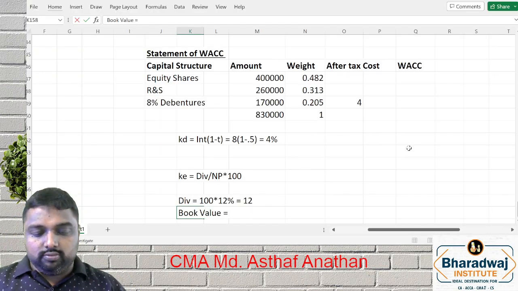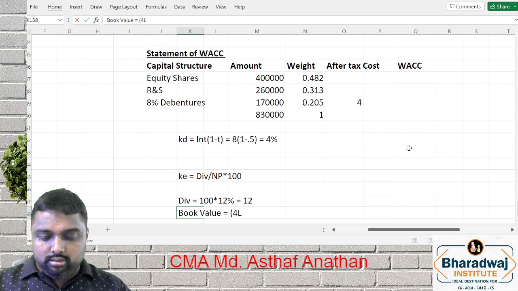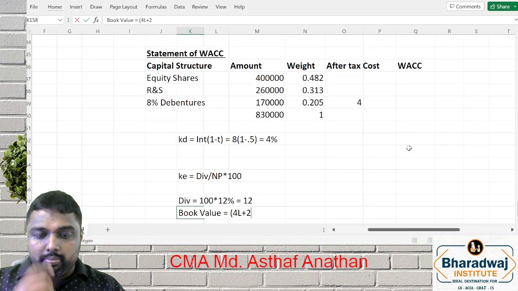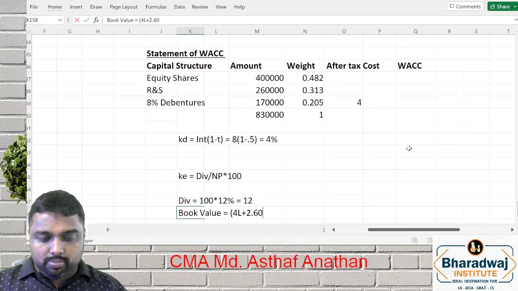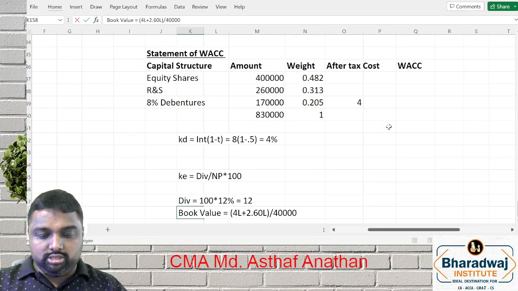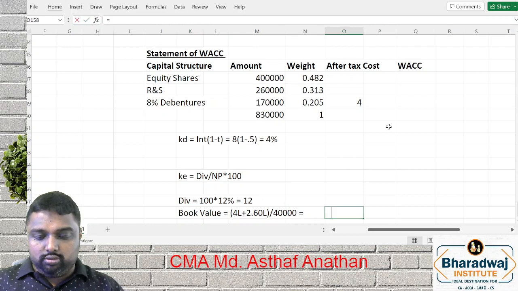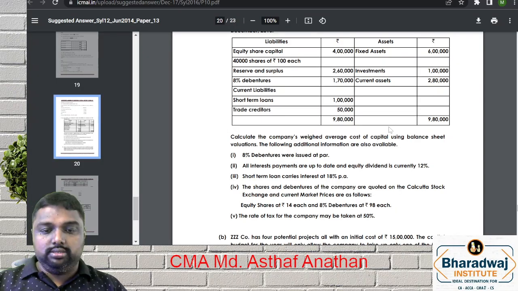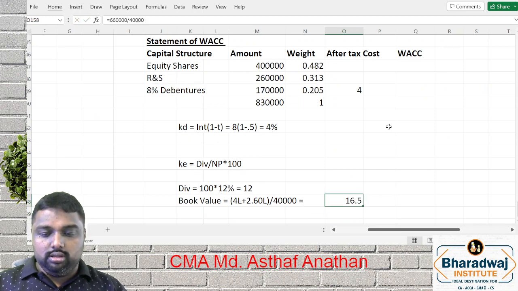That is 4 lakh plus 2 lakh 60 divided by how many number of shares? 40,000 shares. This is your book value. 6 lakh 60 divided by 40,000 shares. 16.5.